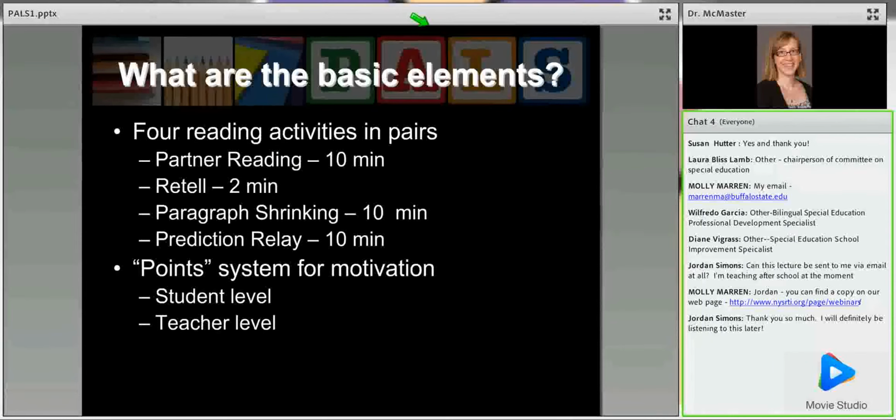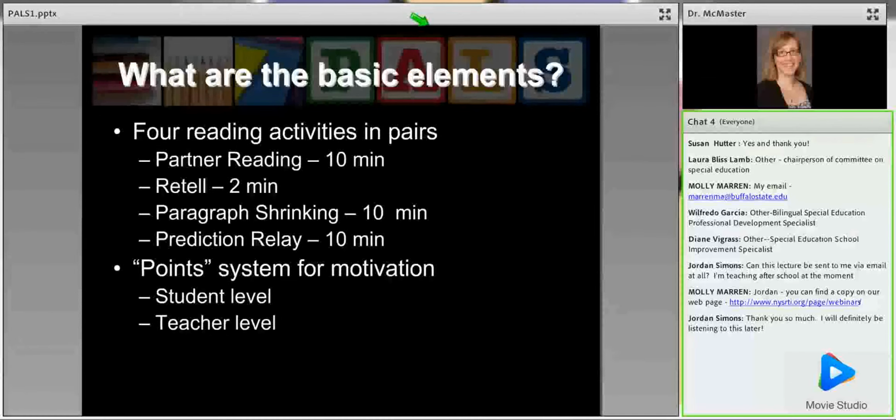So the 4 PALS activities are as follows. First, there's always 10 minutes of partner reading, and that's an activity where students are paired together. There's the first reader and the second reader that I mentioned before. The first reader will read from text for 5 minutes while their partner, their coach, follows along, listens to them reading, gives corrective feedback using a very specific correction procedure, which you'll learn about next time.